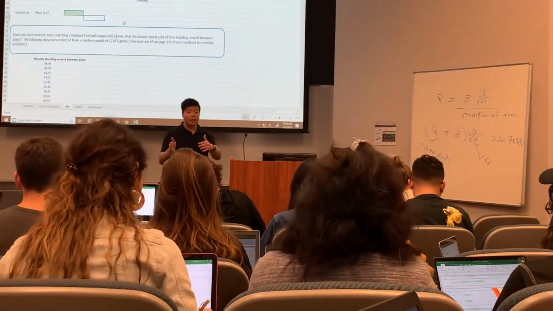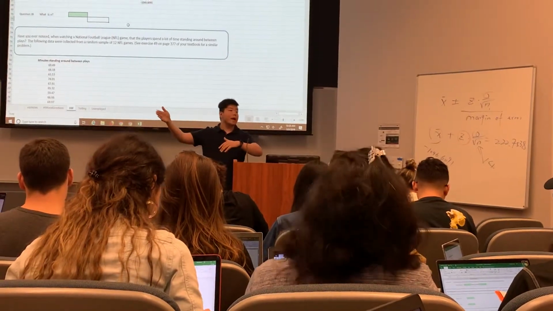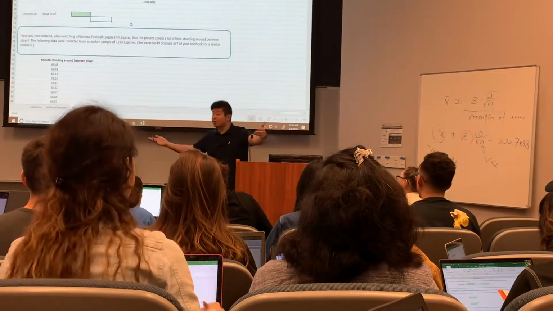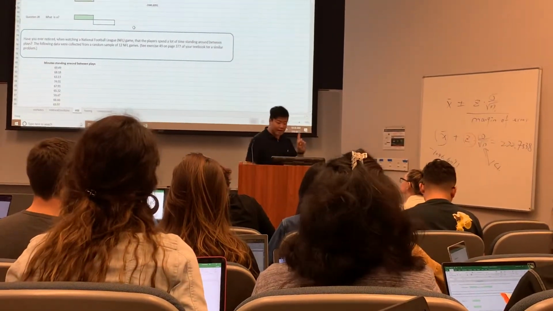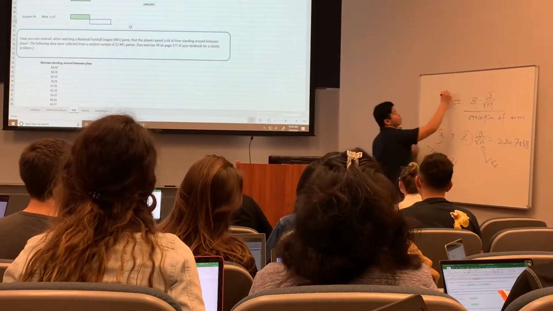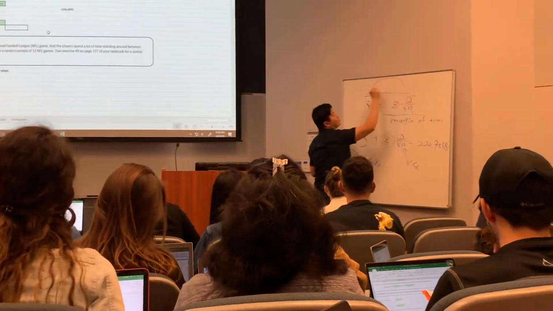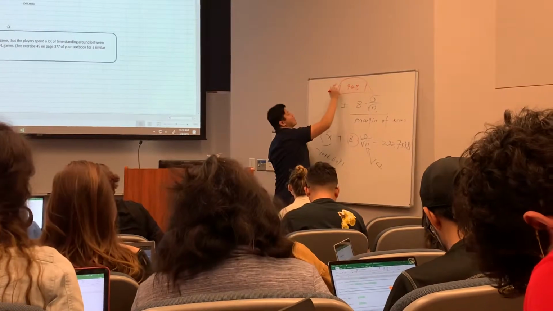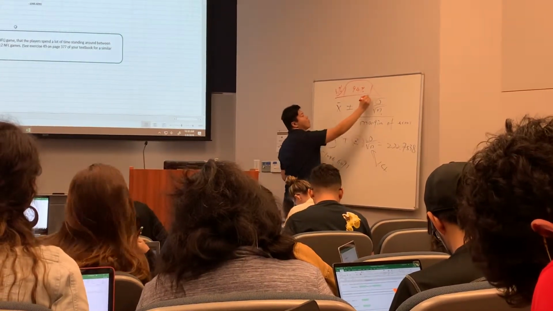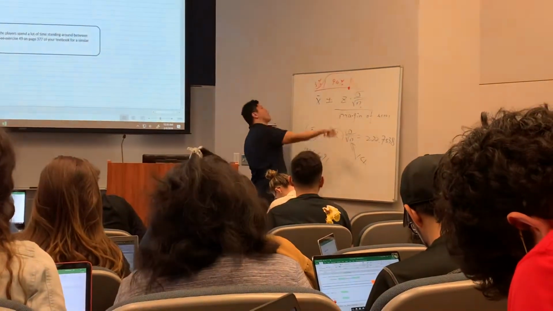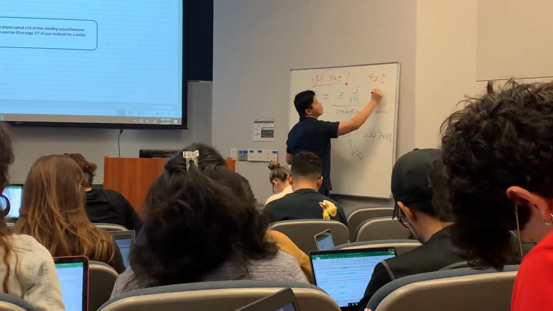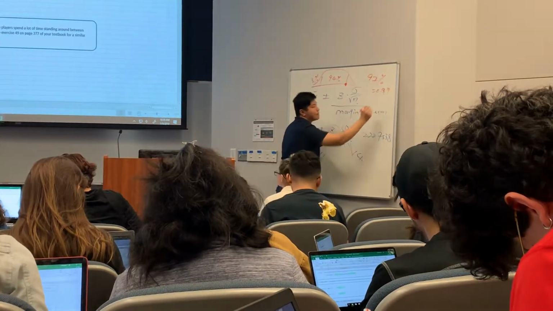So the probability from my upper endpoint all the way to the left is 97%, which is 0.97.